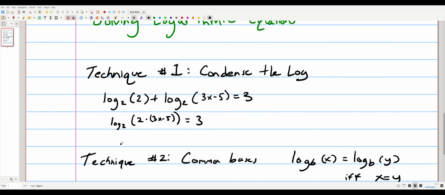We can do a little simplification here and write log base 2. We can FOIL this, right? 2 times 3x is 6x. 2 times negative 5 is negative 10. And now we can rewrite this logarithm as an exponent, right? We have the changing from logs to exponents.